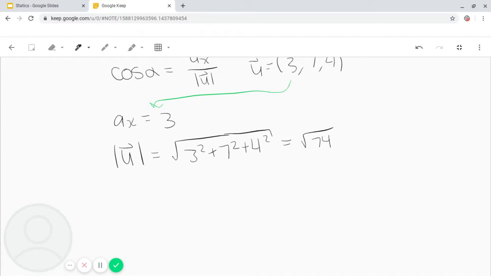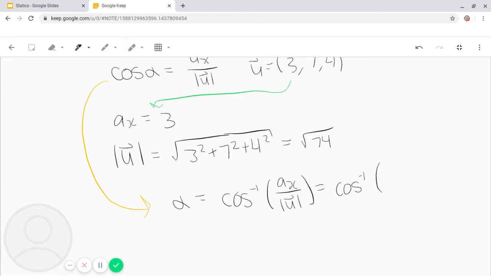So then we manipulate this formula and find that alpha is equal to inverse of cos, or arc cos, of a sub x over length of u, equal to arc cos of 3 over root 74.